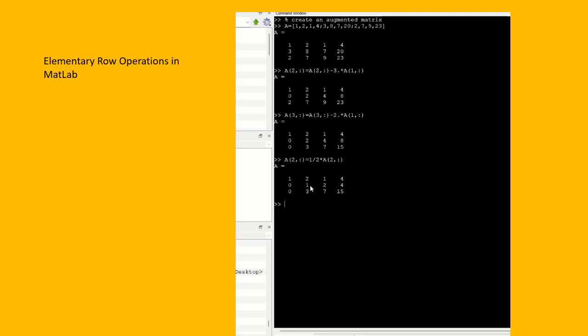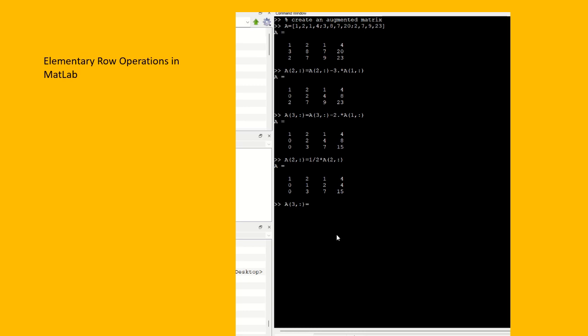And I can do that by adding, or actually subtracting, 3 times row 2 from row 3 to get a new row 3. Subtraction of 3 times is the same as addition of minus 3 times the second row. So what I'll do here is I'll say the third row of A, so A sub 3 comma colon, that's the third row of A, equals, and now what do I want the third row of A to be?